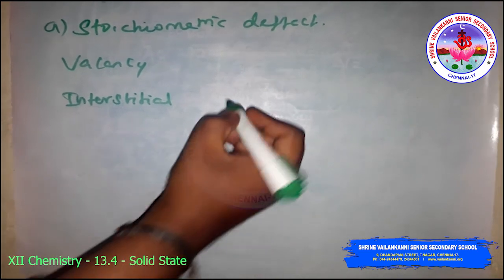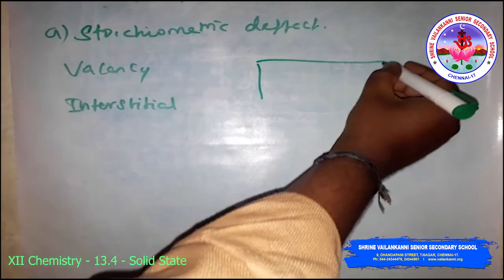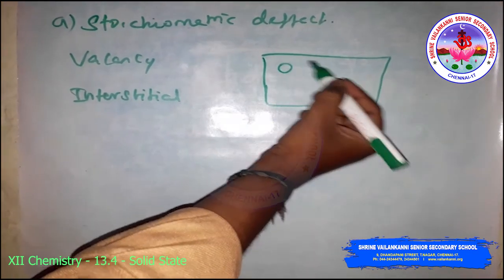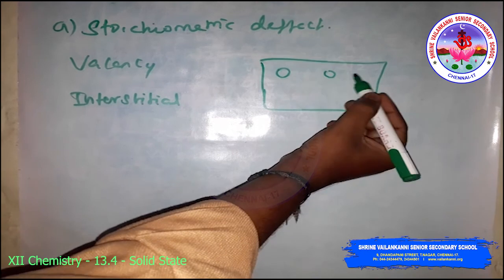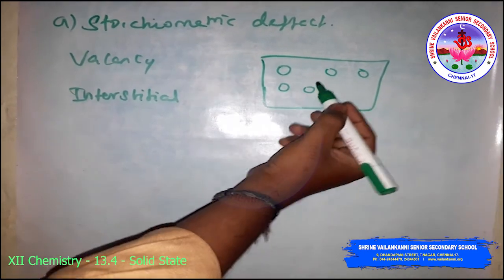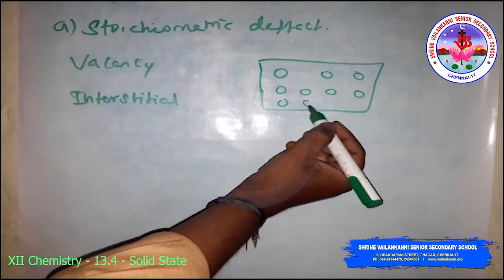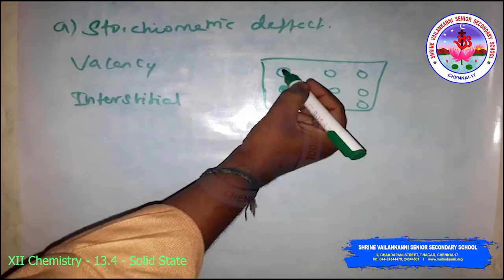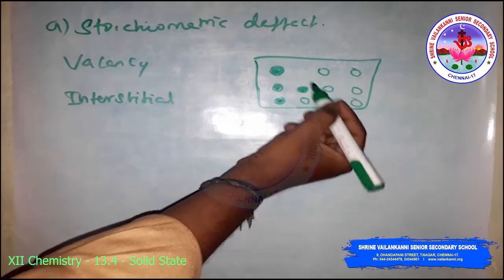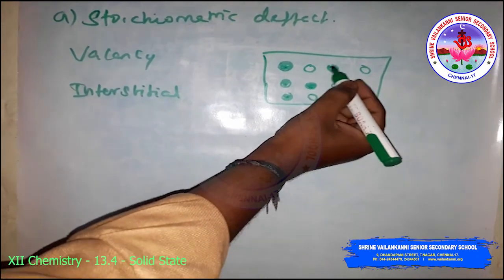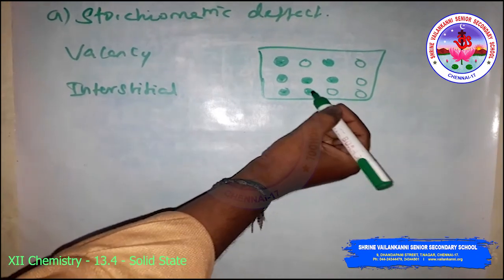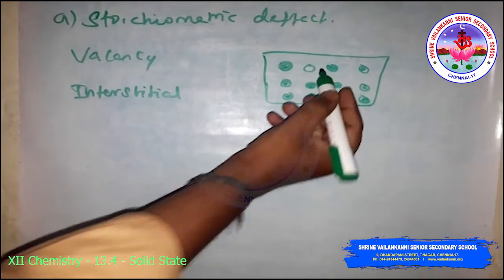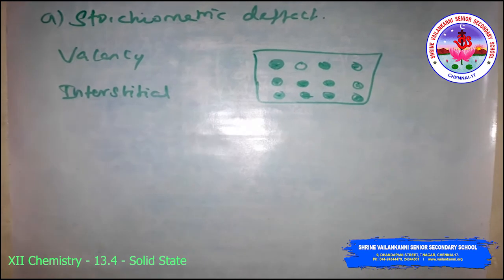For example, in a crystal system like this, this is called a vacancy defect. This is the vacant position.